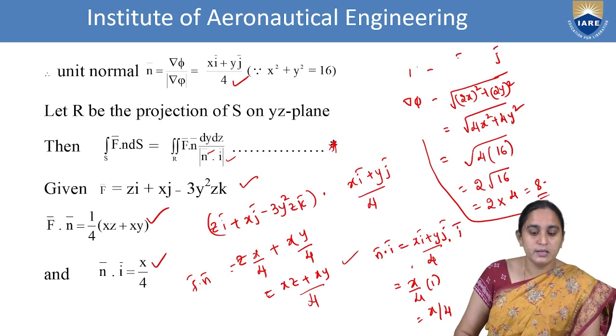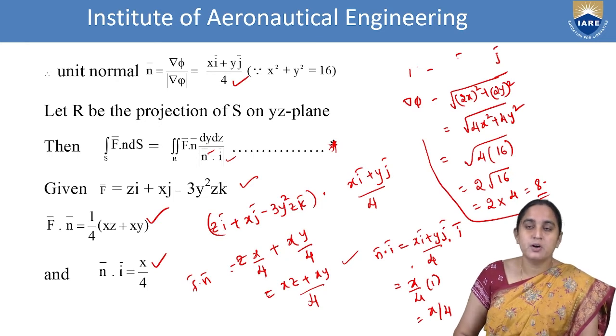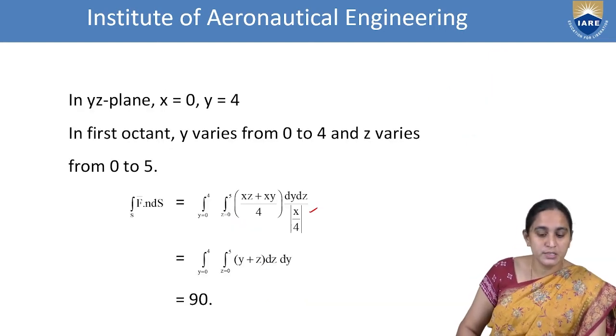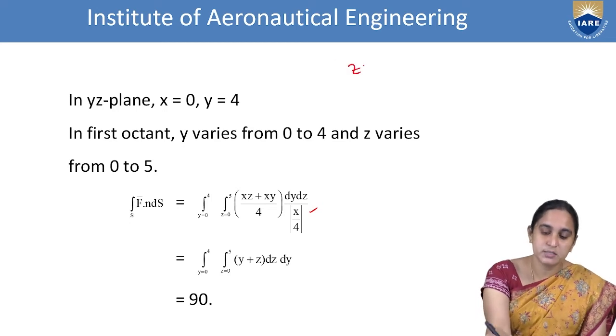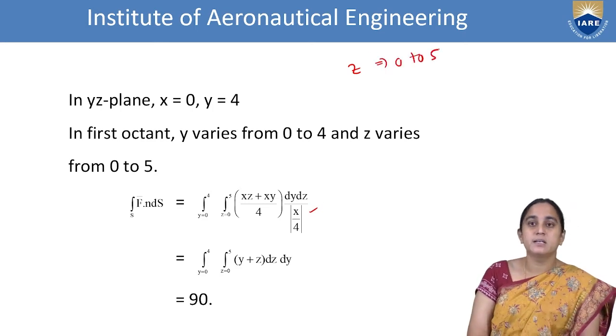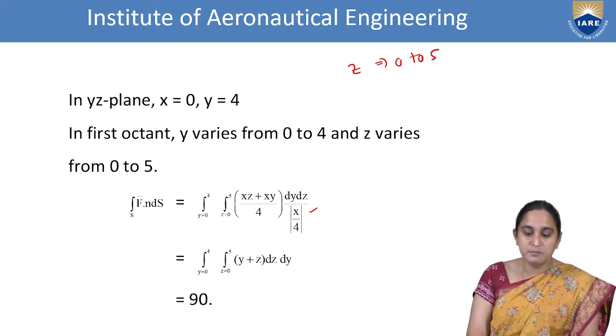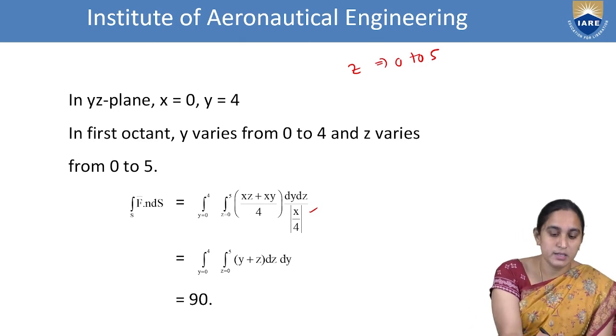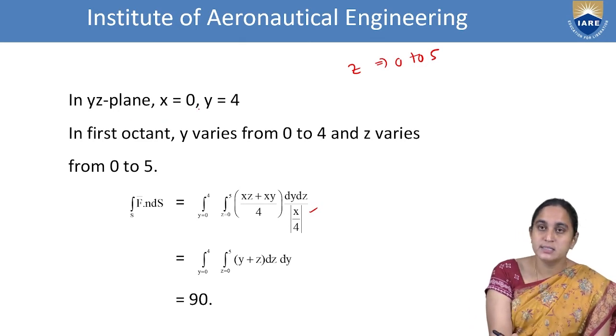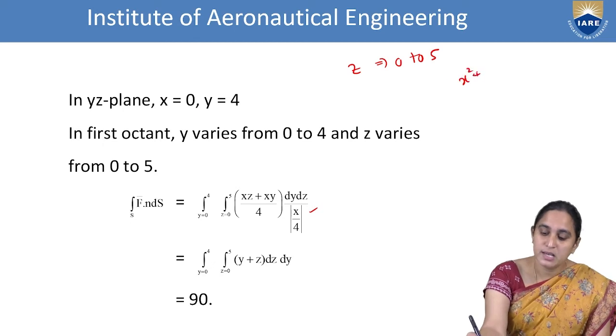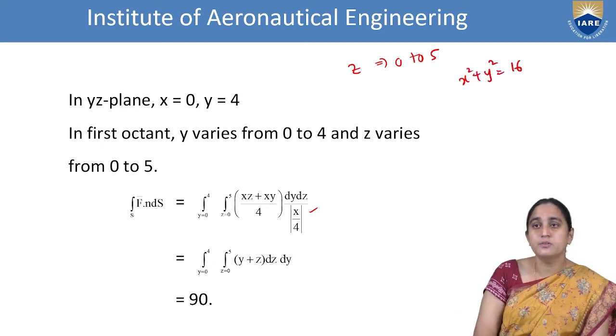Now here we are calculating the projection on the YZ plane. That means we have to take the limit points on YZ, right? Already we know the z limit points, directly given in the question. The z limit points are 0 to 5. And what about the y limit points here? In the YZ plane, if you take x as 0, what is the equation here? x squared plus y squared is equal to 16.